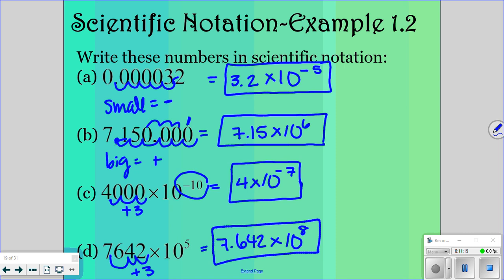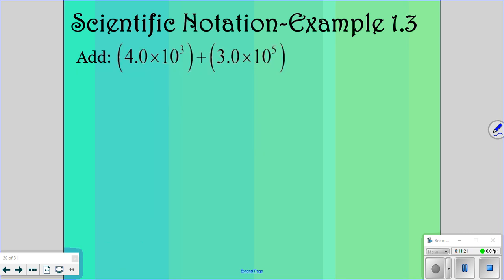Okay, so now we're going to look at another example where we're going to add these numbers. The problem with trying to add in scientific notation is that these numbers right now aren't in the right form. That's because this is to the 3 and this is to the 5.